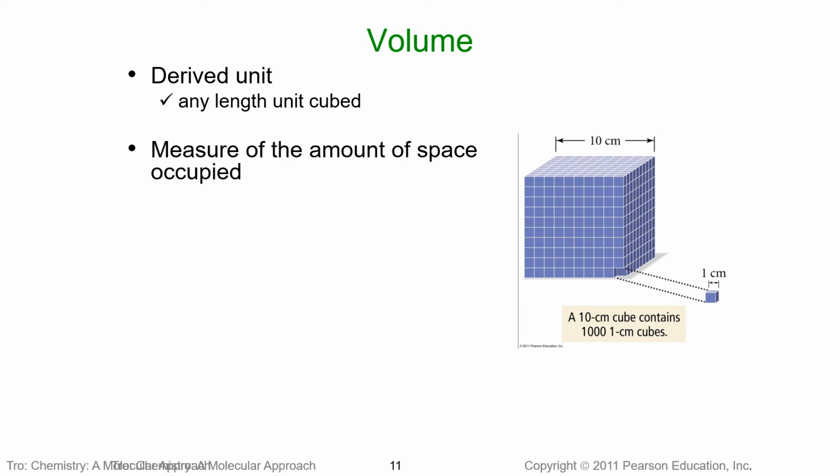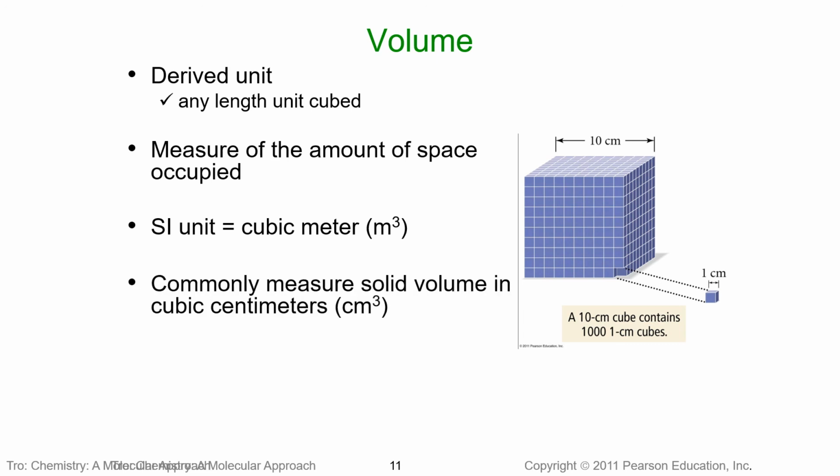The SI unit that is used is a cubic meter, but this is a very large volume, not something that's practically measured in a lab. So we frequently use a smaller unit, the cubic centimeter. It's a much more manageable volume.